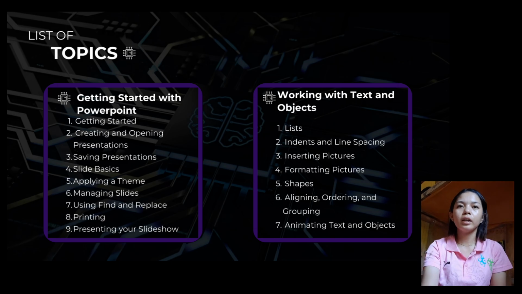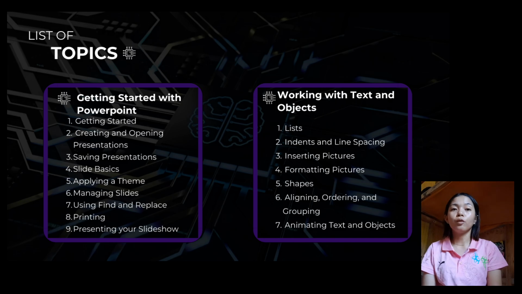The second part is working with text and objects. Ang under aning mga topics kay list, indents and line spacing, inserting pictures, formatting pictures, shapes, aligning orders and grouping, and animating text and objects. So diri na part, we will work with text and objects.